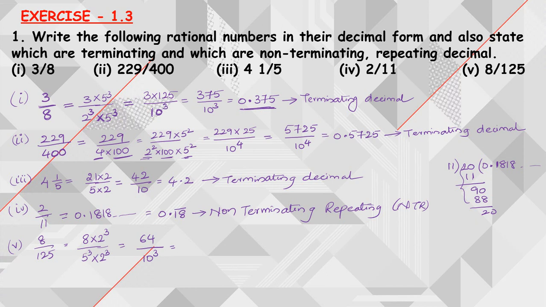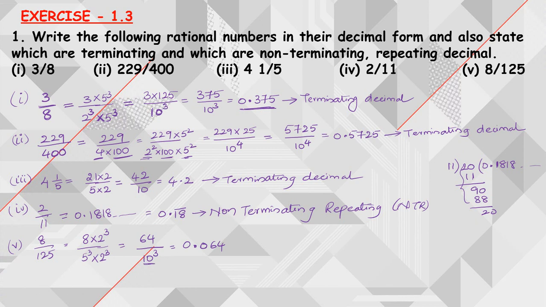Now after the decimal point, how many decimal places should there be? 3. But in the numerator we have only 2 digits. So that's why the answer will be 0.064. Why are we keeping the 0?